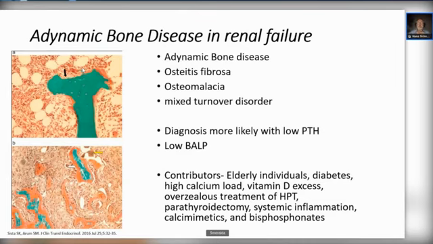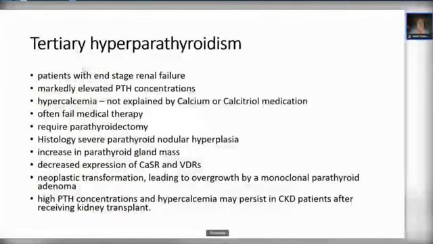Among the contributors to adynamic bone disease there are many to blame, but overzealous treatment of hyperparathyroidism, calcimimetics, and bisphosphonates might contribute. The next slide shows you tertiary hyperparathyroidism. That's where patients have end-stage renal failure, markedly elevated PTH, and difficult to control hypercalcemia that might require parathyroidectomy.